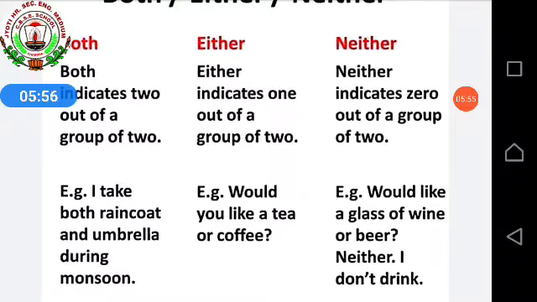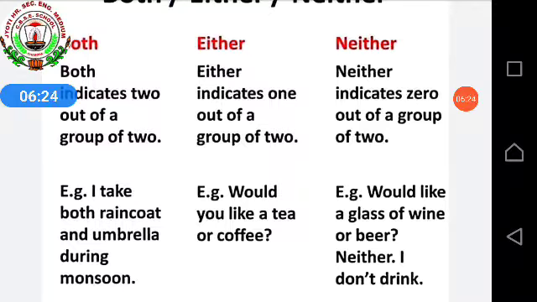Okay. Neither. Neither indicates 0 out of a group of 2. 0 out of a group of 2 means none of them. If two people are standing, we are not talking about both of them, or both dislike the things. If two things are there, both the things are disliked. Like for example, would you like a glass of wine or beer?